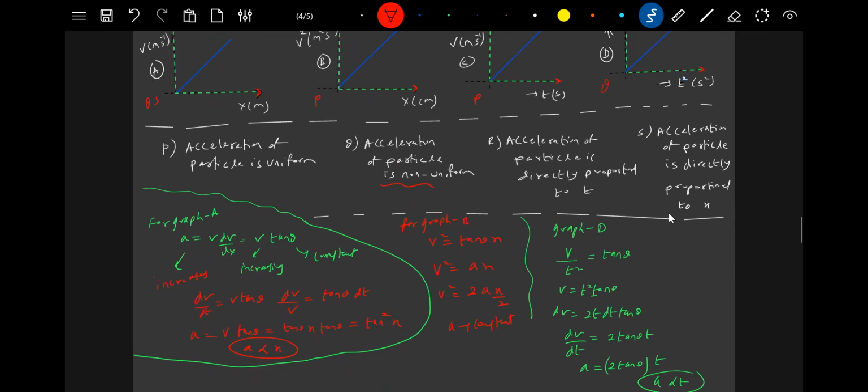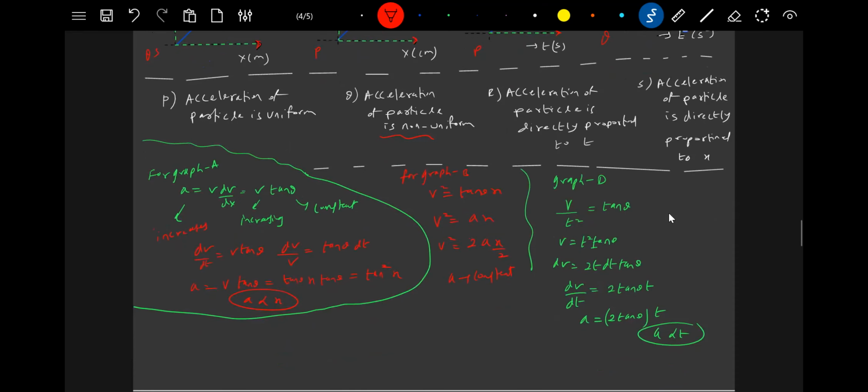What about acceleration? Is anything proportional to x? Can we say anything about that? Can acceleration be proportional to x? How to determine that? When it varies with time, acceleration proportional to t means, so we'll write it here.